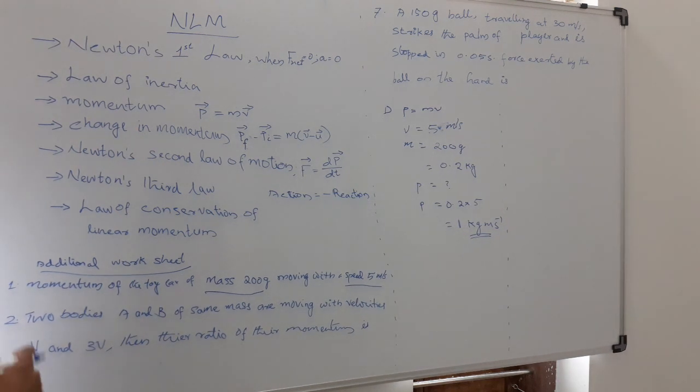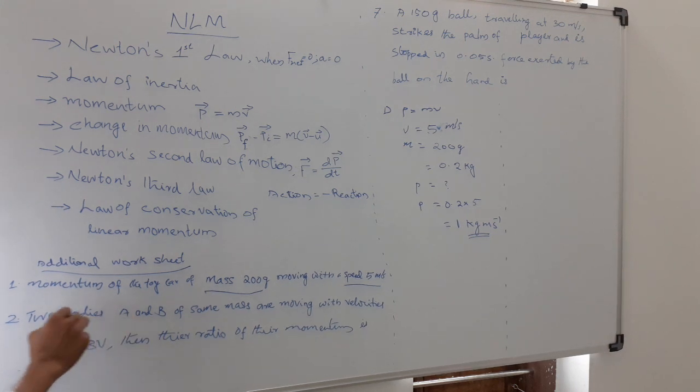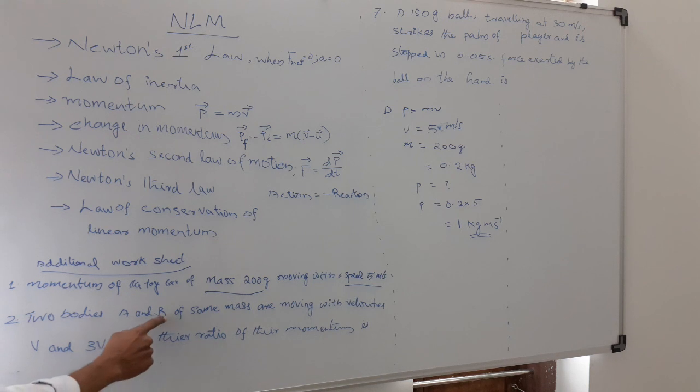Now look at the second question. Two bodies A and B of the same mass. If you consider two bodies, we take the mass of A as m1 and the mass of B as m2.